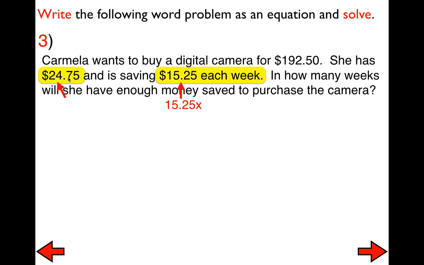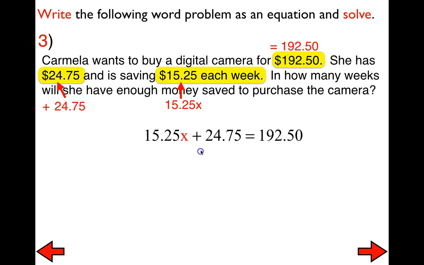So since she has it, it's going to be positive $24.75. And eventually it's going to have to equal the price of the camera, $192.50. Now that we have each piece of the equation, let's piece it together. We have $15.25x plus $24.75 equals $192.50.